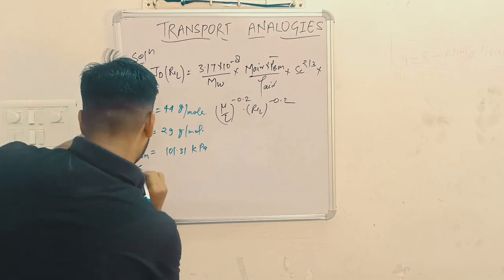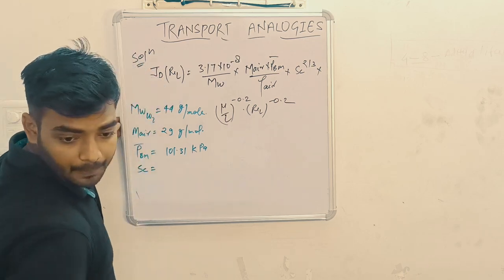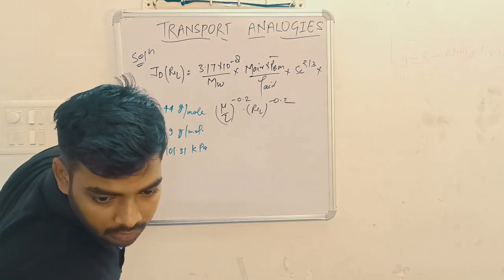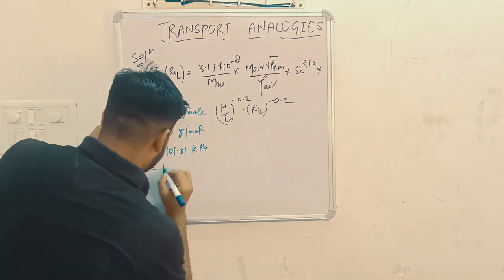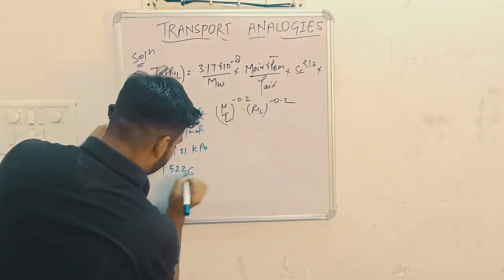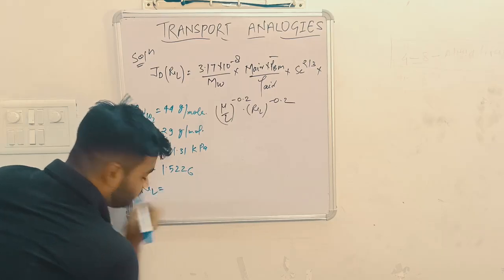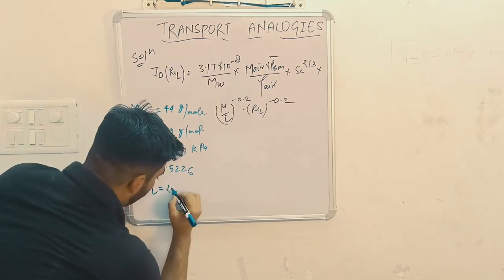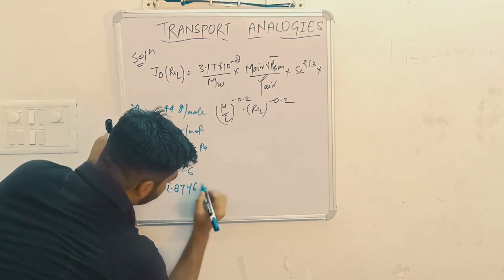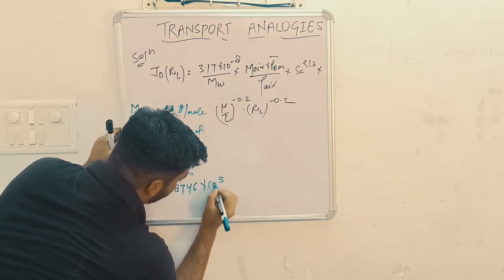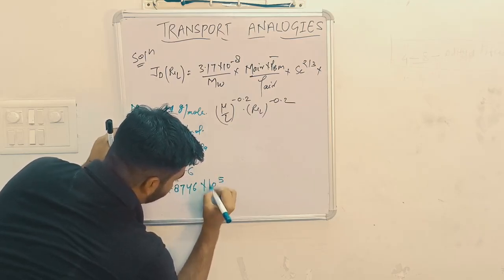Also, Schmidt number we have calculated as 1.5226, and Reynolds number calculated we have 2.8746 into 10 power 5.